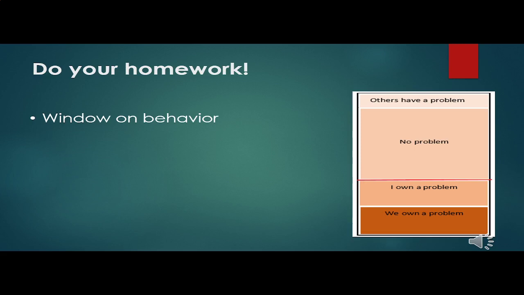On the other hand, when a behavior falls below the line, then it affects me and prevents me from reaching my goals. If I'm bothered by something and the other party seems unaffected, then I own the problem and need to confront the other party. When both parties are affected, then both own the problem and we need to engage in a problem-solving activity, such as negotiation.